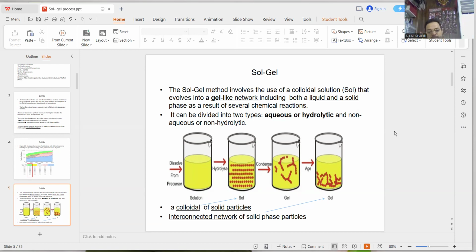Here, this picture illustrates to us the important steps of sol gel. At first, we dissolve the precursor. At first, we put in the solvents. They can be organic or inorganic, that depends on your study. In my study, I used inorganic.